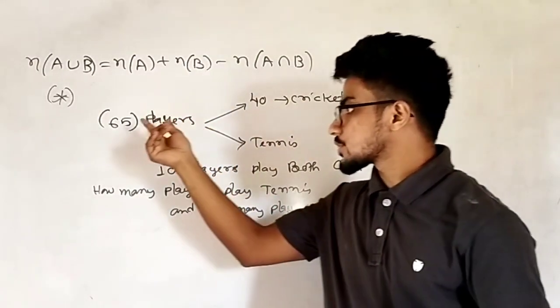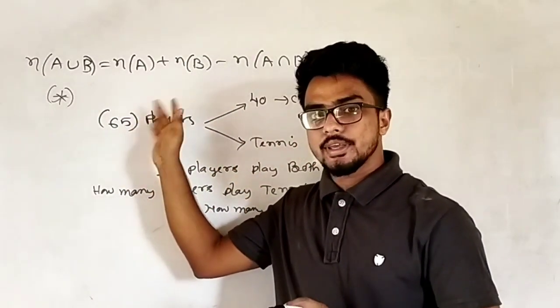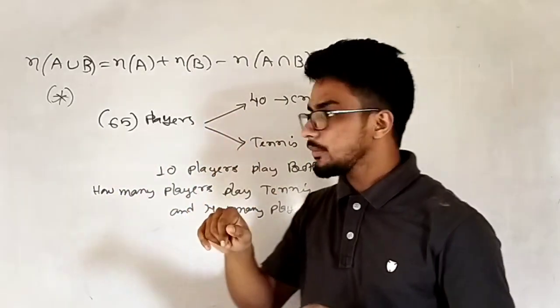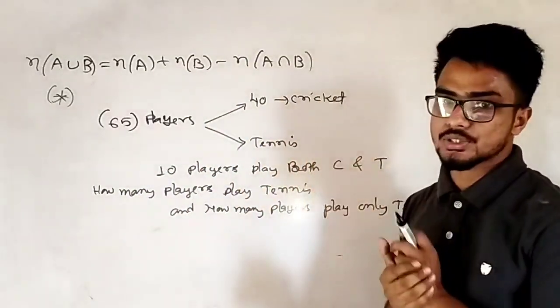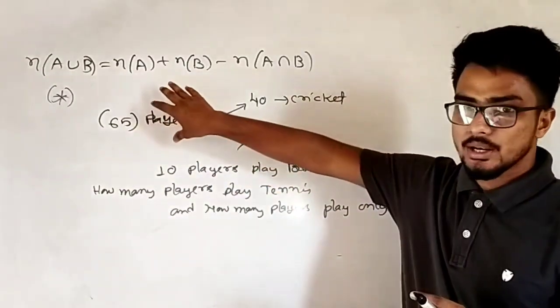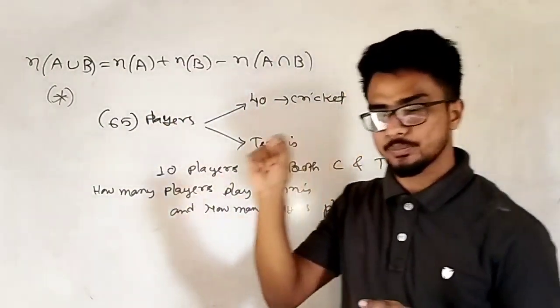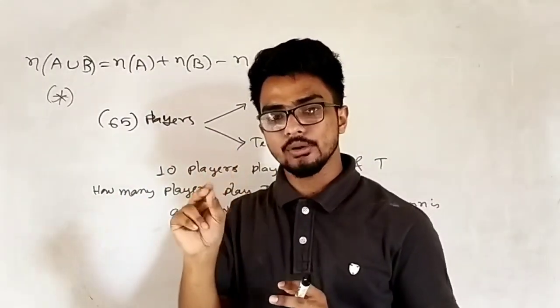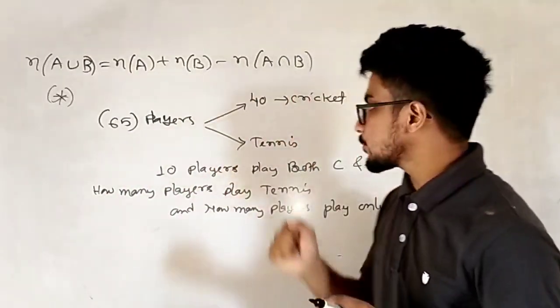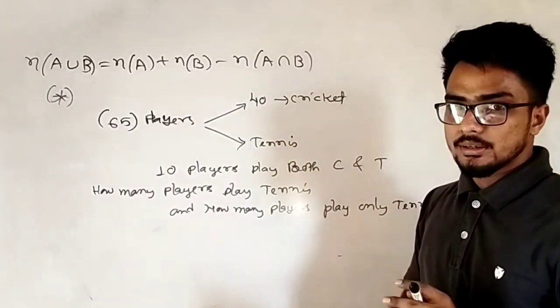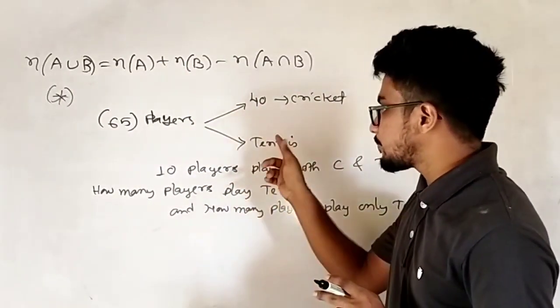Okay, there are 65 players. Each of the players will play any one of the games, either cricket or tennis. There are 65 players, and each plays at least one of the games. Suppose 40 players play cricket and some players play tennis.